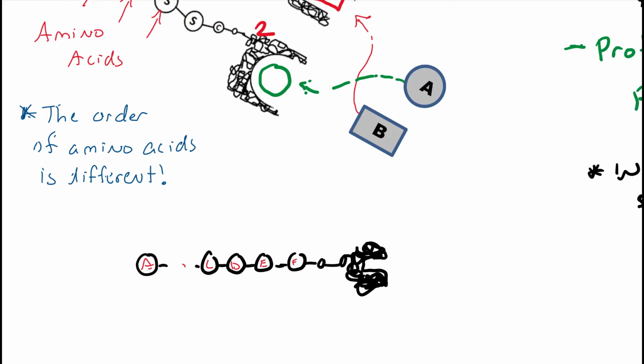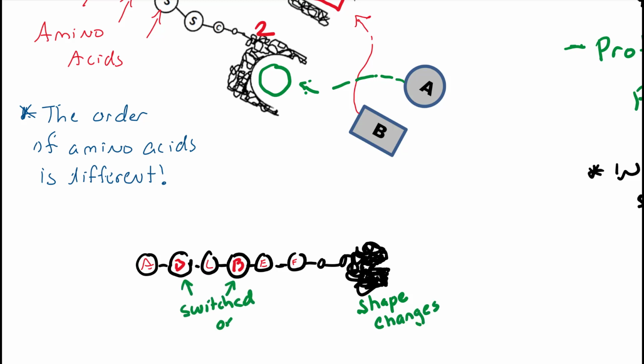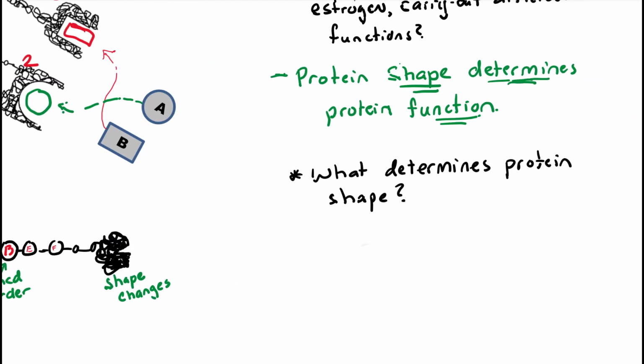If I take this amino acid and this one and I switch them up, that should change the shape of the protein. And it does. The shape of the protein is now changed, all because these amino acids were switched. So the order of the amino acids will determine the shape of the protein.